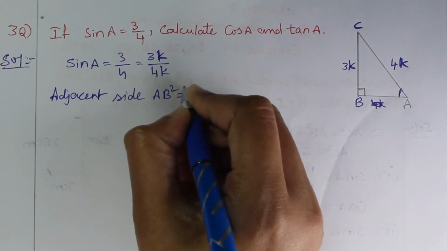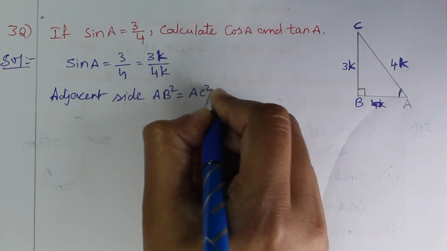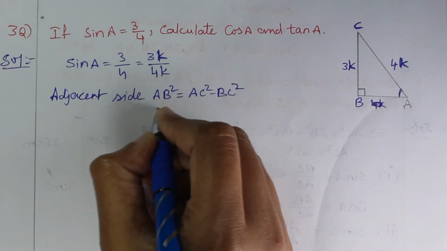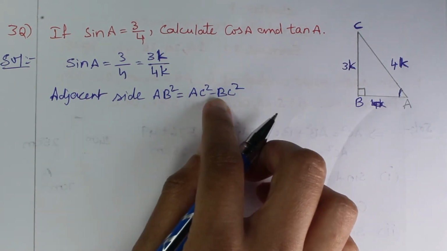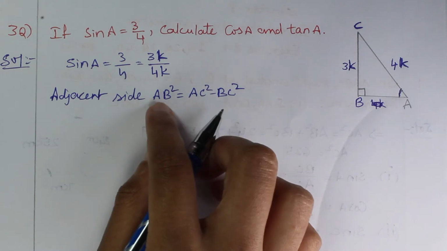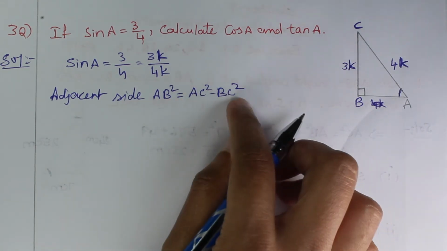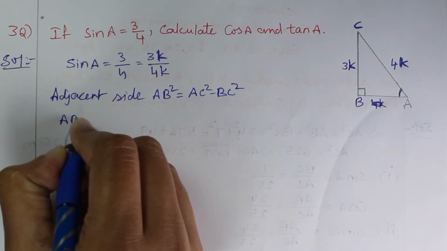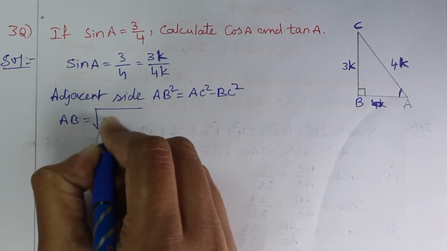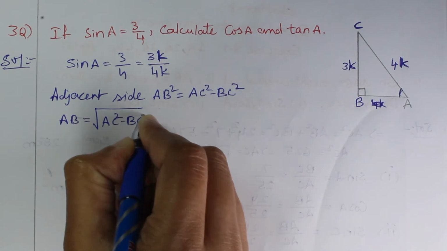AB square is equal to AC square minus BC square. I have applied the Pythagoras theorem, that is AB square plus BC square is equal to AC square. So AB square becomes AC square minus BC square, and AB becomes square root of AC square minus BC square.